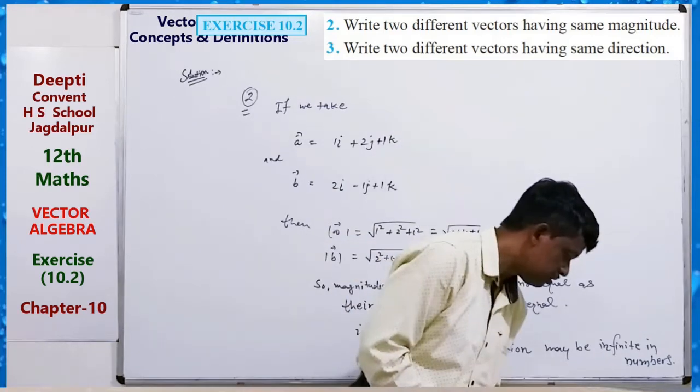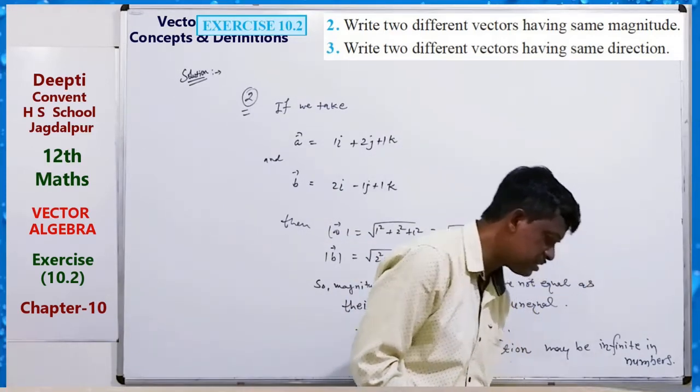The third question: write two different vectors having same direction.